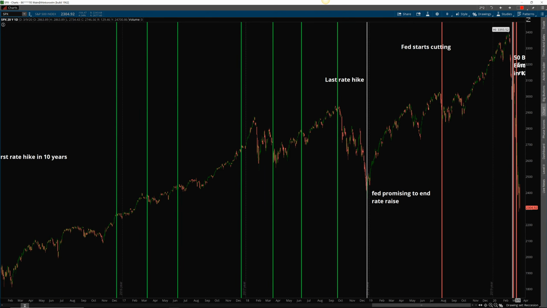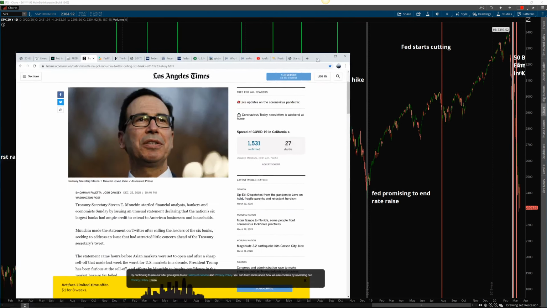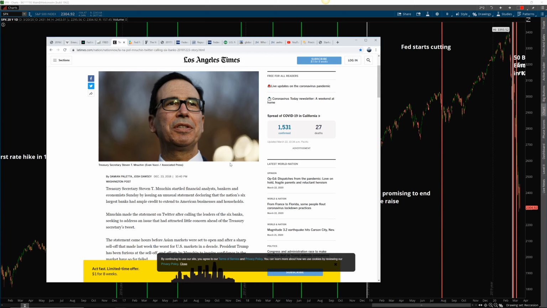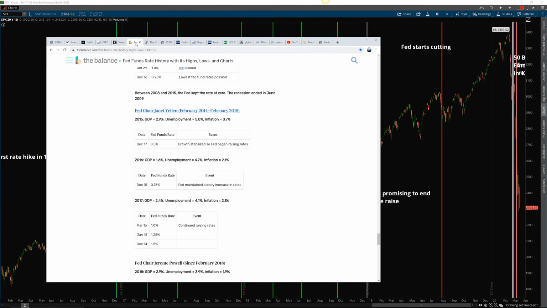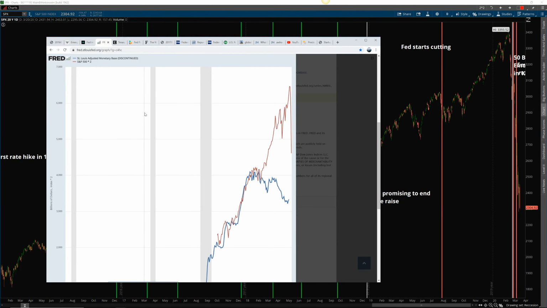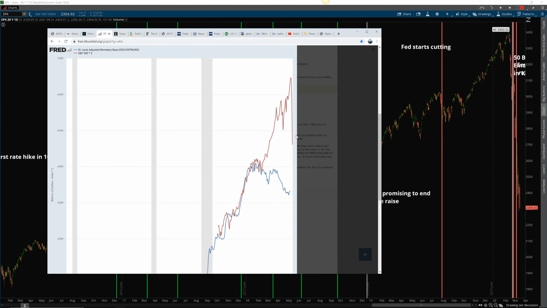What was going on from the point at which they stopped raising rates? This is a graph from the St. Louis Fed. This is government data, not a meme off the internet. There was a divergence between the S&P 500, which is the red line, and the monetary base, the amount of money in the system.